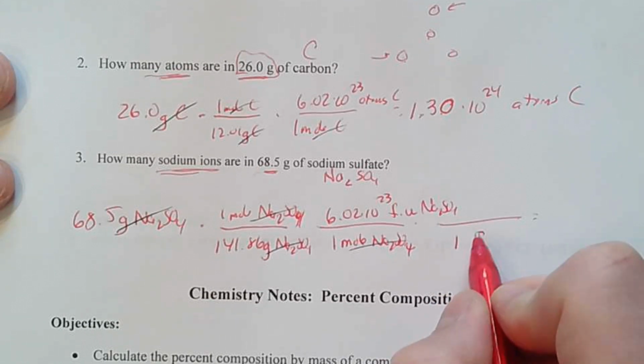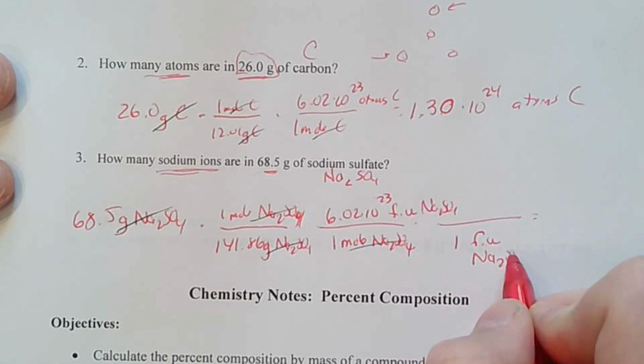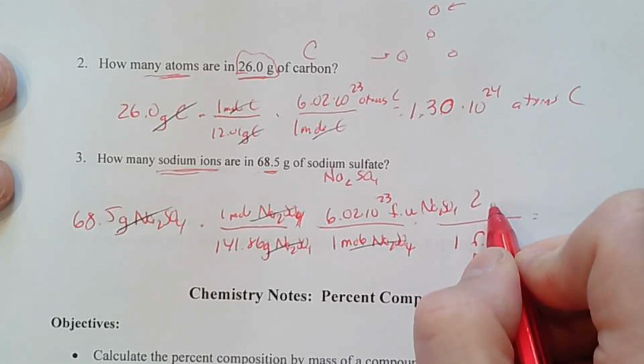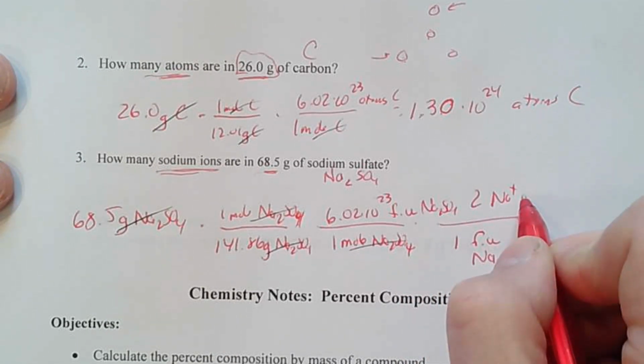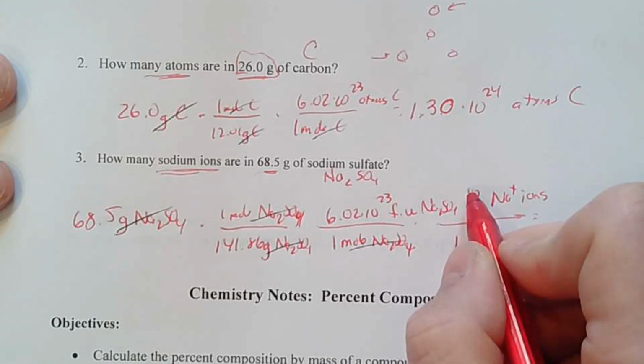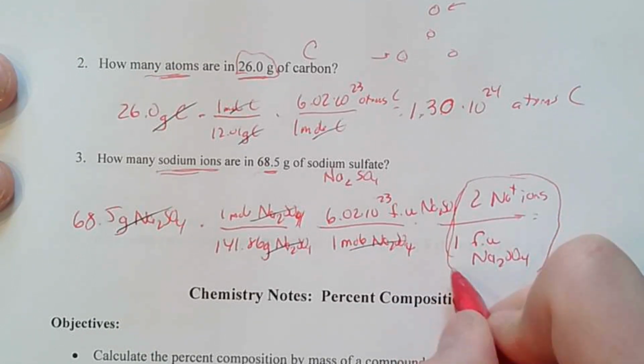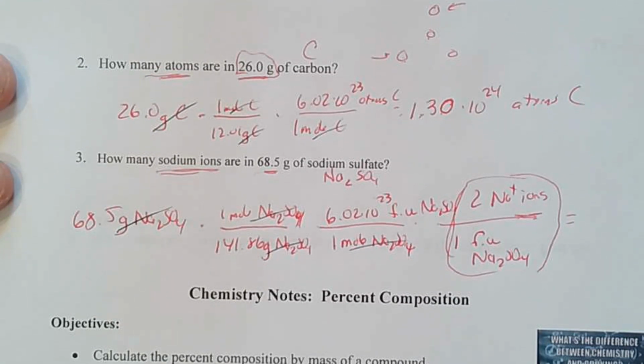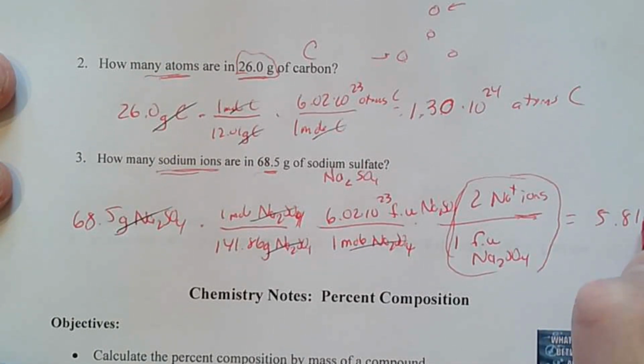So 1 formula unit of sodium sulfate contains 2 sodium ions. Right, so that's my third thing that I need to use. And then I'm all done. Calculator. Times the 6.02 times 2. Or roughly 5.81 times 10 to the 23rd sodium ions.